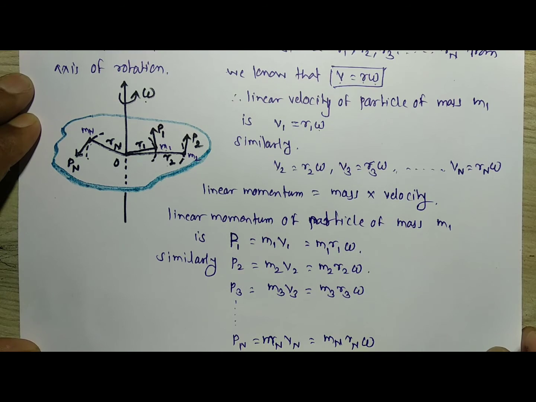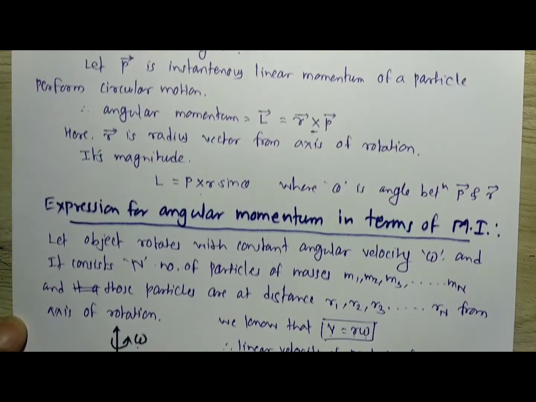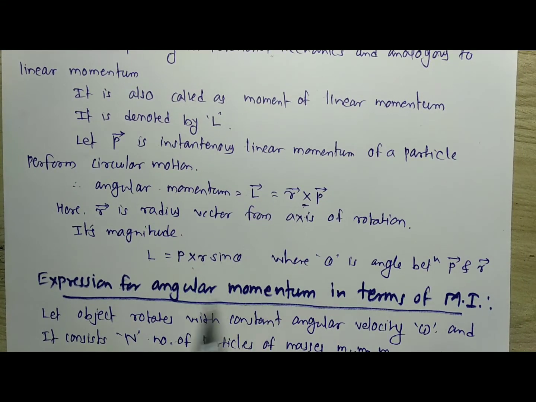We know that the angular momentum is given by P cross R into sine theta. That means P into R, where P is the linear momentum, and R is the distance from the axis of rotation.